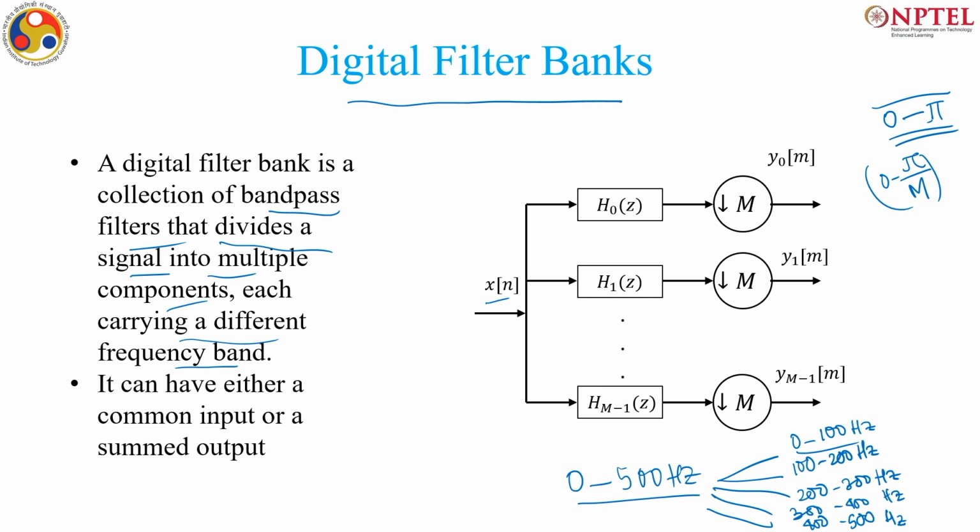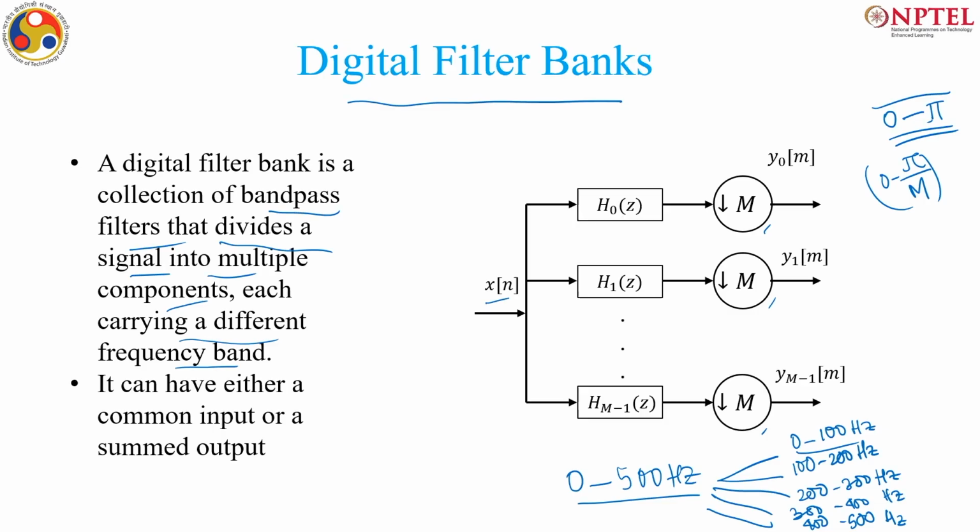Now, we see that there are downsamplers. Why have we used downsamplers? Because by the Nyquist theorem, we know that the Nyquist sampling rate for proper reconstruction is twice the bandwidth. So, if the bandwidth is reduced to half, then I can reduce my Nyquist sampling rate to half.